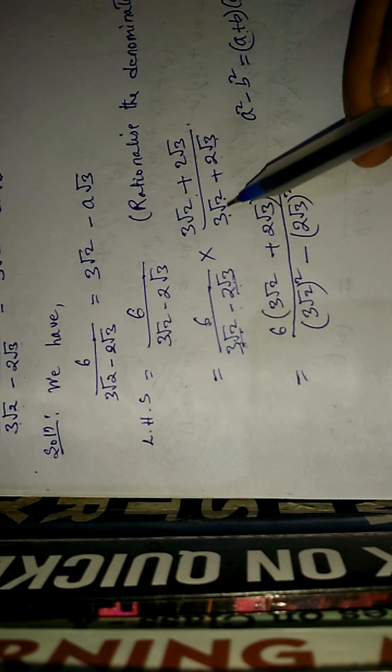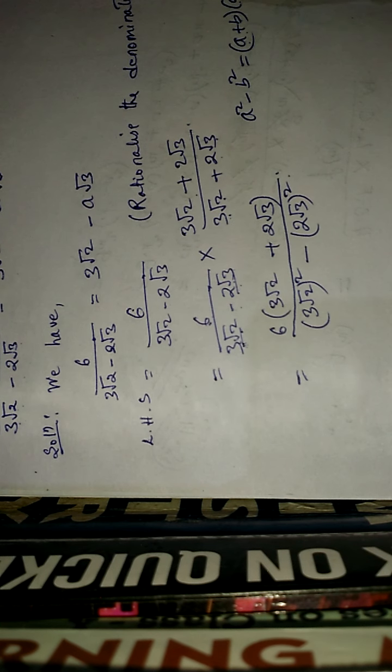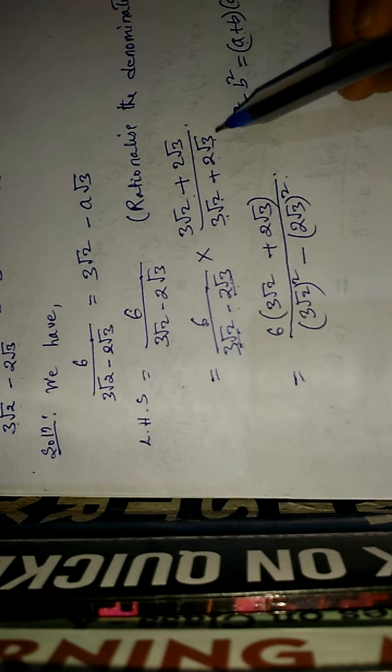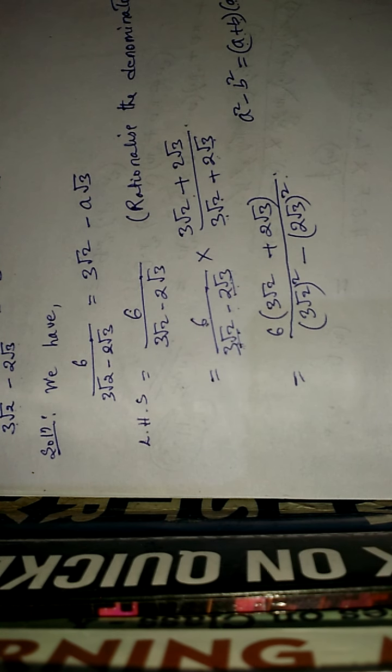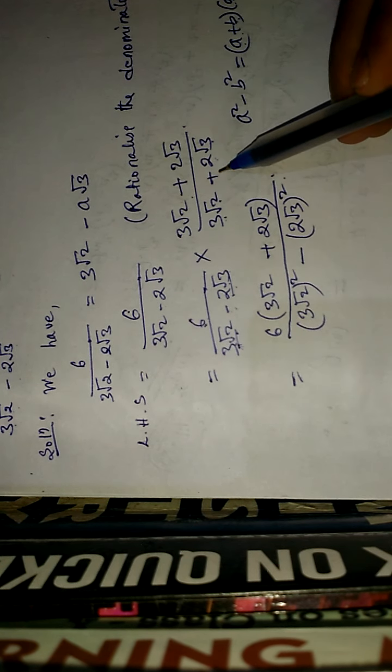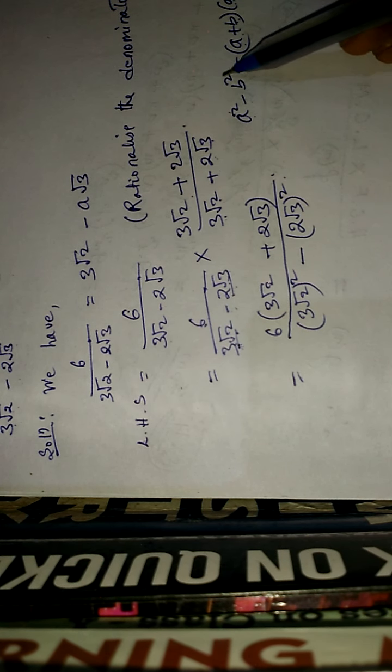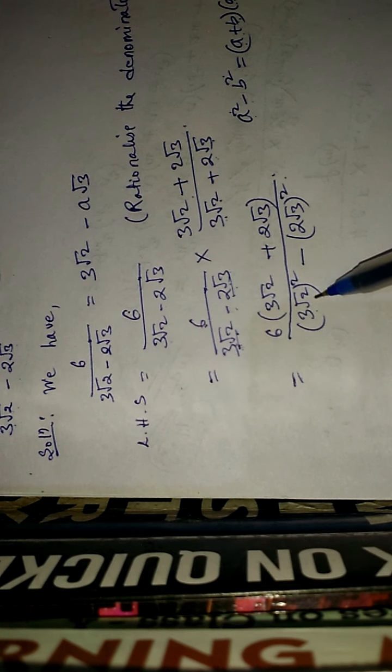Then b is 2 root 3, and 2 root 3, b and b are the same. One of the b should be minus and one should be positive. This is minus and this is positive, so we can put back its short form, a square minus b square. A is 3 root 2, since it is square, 3 root 2 square minus 2 root 3 square.